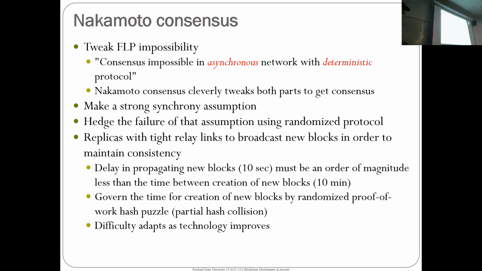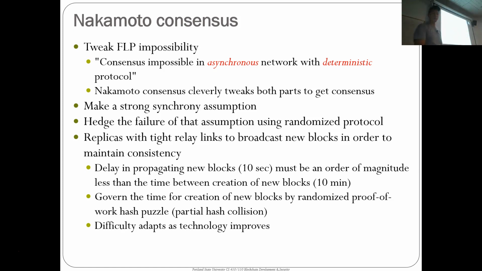And so effectively, the consensus algorithm assumes that you have replicas with very tight relay links. That means they're highly connected, and one state change that's been agreed upon will get replicated almost instantaneously to all the participants in your protocol.